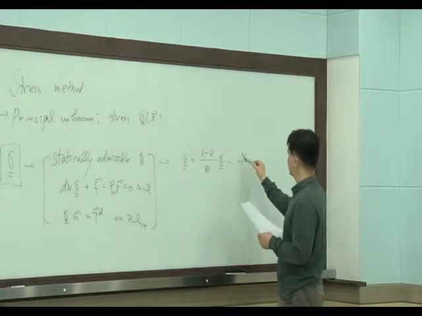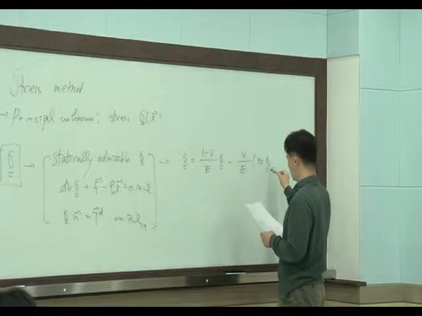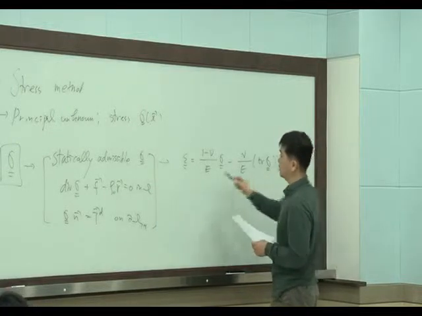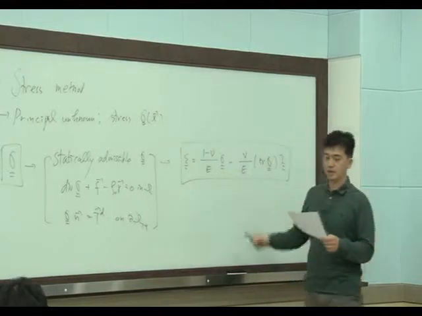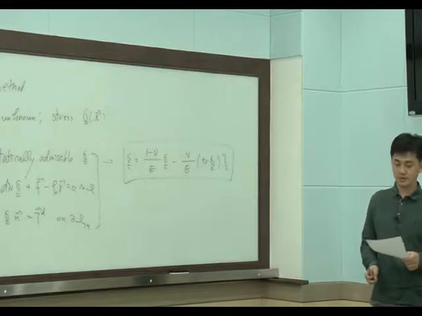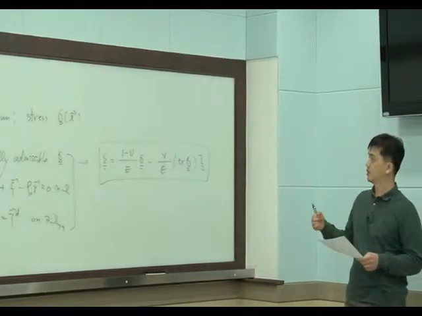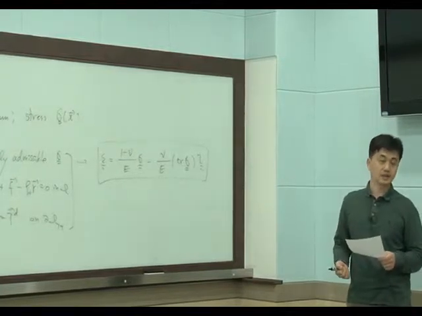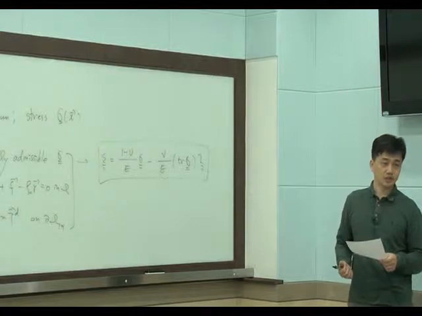This is the material law. Right? We can use the material law. Then we can find the strain. So now we can express the strain in terms of stress, right?